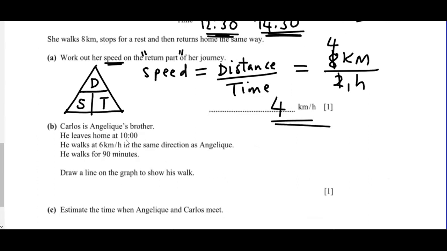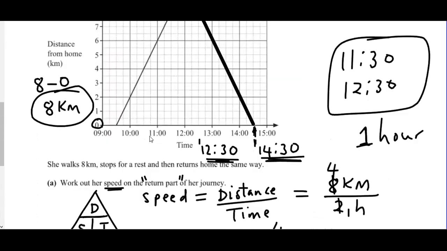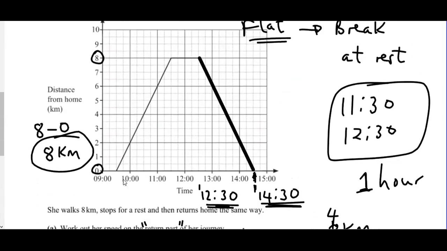Let us see where is 10 sharp, where is 10 o'clock. So 10 o'clock is here. So try to mark this 10 o'clock with a point, like so, with a dot.